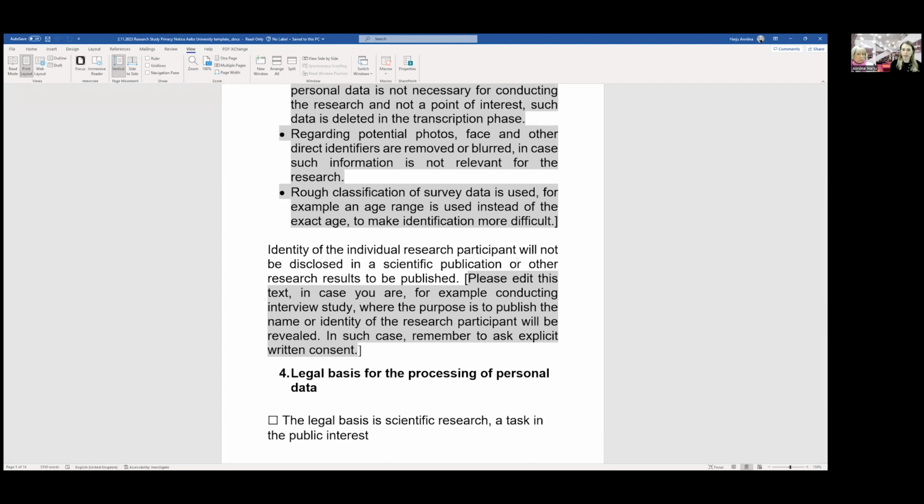And if this is the case that you are revealing a person's title or workplace or position, and it can be recognizable from the publication, you need to inform the participant. So again, be transparent, be very clear so that the participant understands that they may be recognizable from the publication.